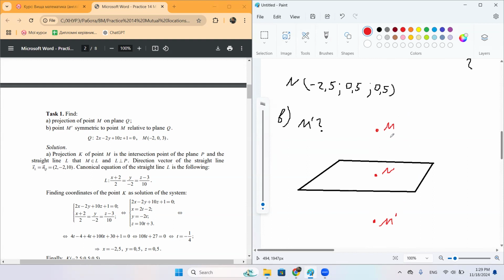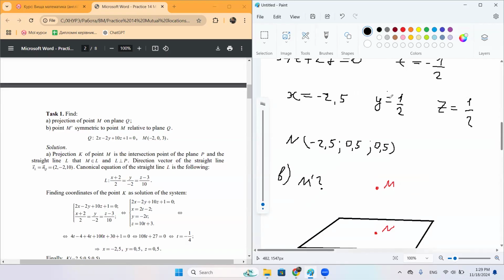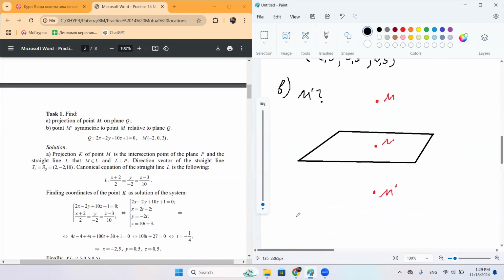We know the formula of the center of a straight line using vectors, so we can from this find M prime. Well, basically, the middle point of the segment.